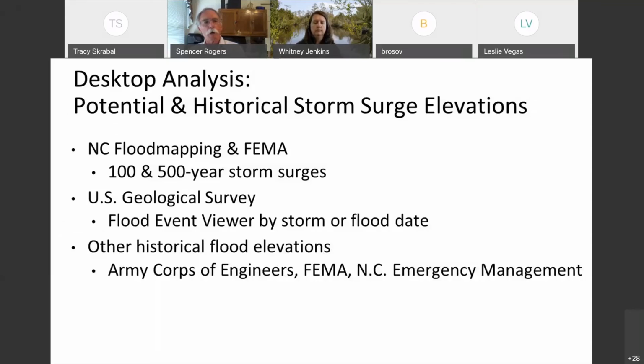Now, in addition, there are other extreme event predictions. The most common that you're going to run into are FEMA's 100- and 500-year storm surges on their flood insurance maps. But there are also storm records from the U.S. Geological Survey and other historical elevations from the Corps, FEMA, and emergency management.